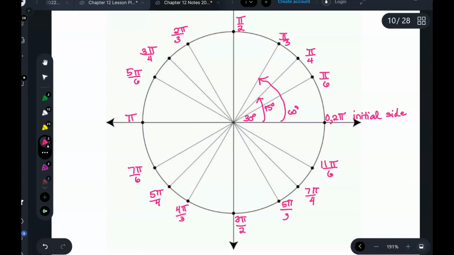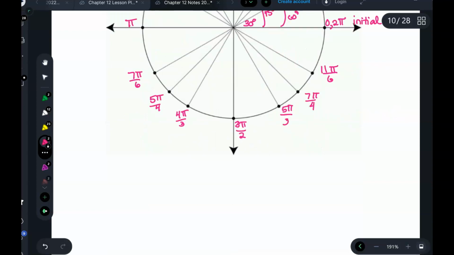That's it, right? And I already listed this one as 2 pi, because it's all the way around. Okay, take a look. So we've just listed all the special angles that we need to know for a unit circle. And these are special locations. Good?